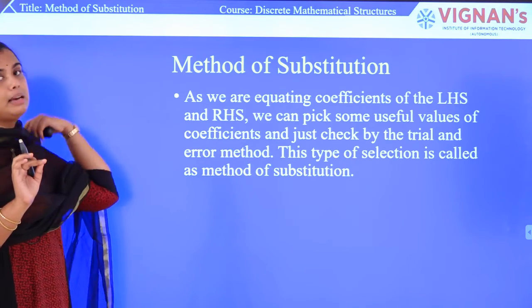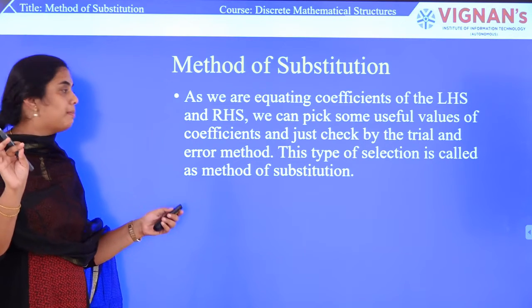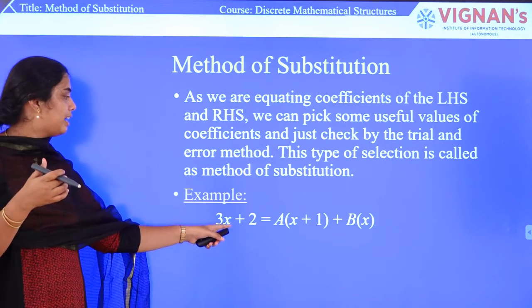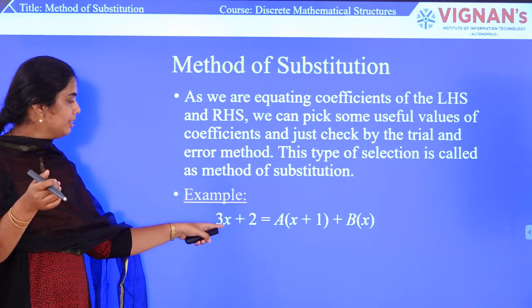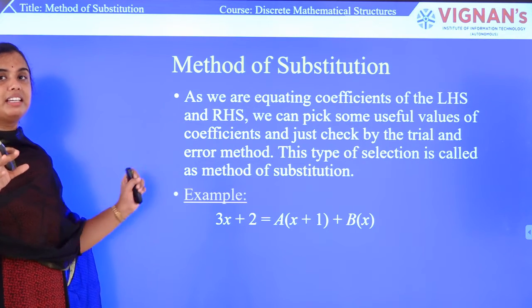And the second one is the method of substitution. Substitution is nothing but the trial and error method. Suppose the final product after solving you are getting in this way, then in order to get the values of these things, you will do trial and error and try to find them.